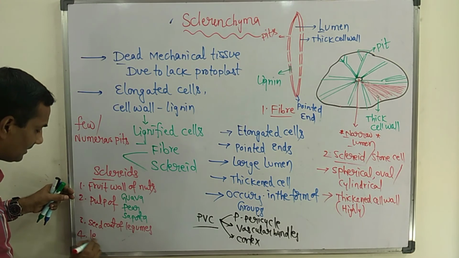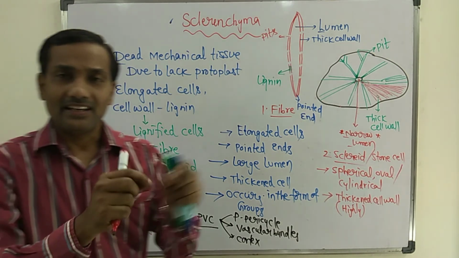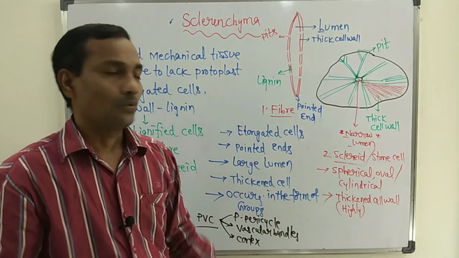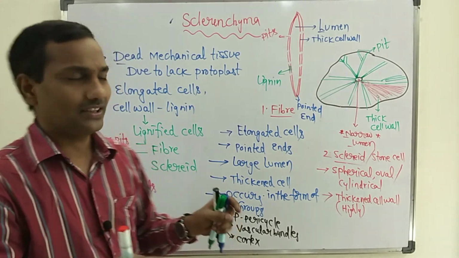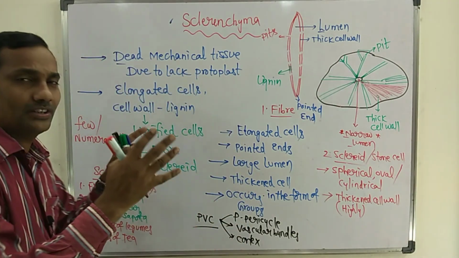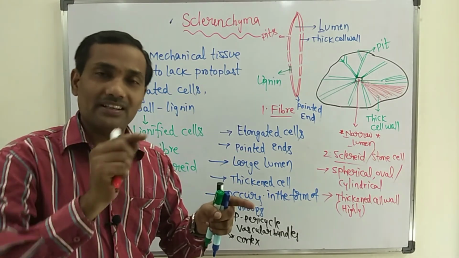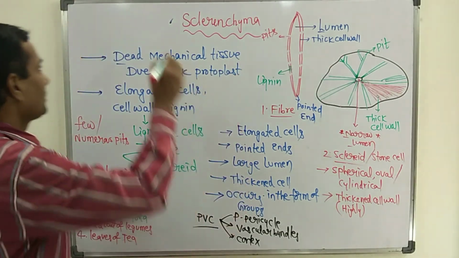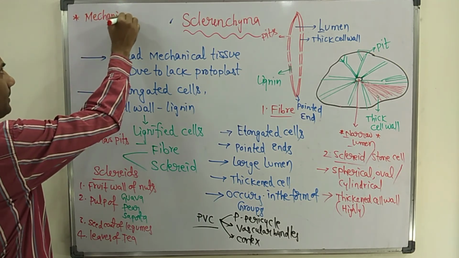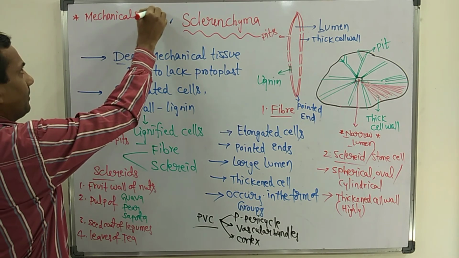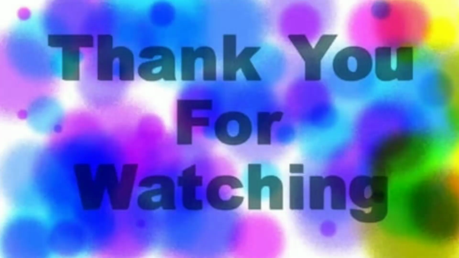As well as the leaves of tea. Tea leaves also consist of a large number of sclerids. Most importantly, this sclerenchyma tissue is completely dead. It is a type of simple tissue, and it gives mechanical support to various organs of the plant body. The main function of sclerenchyma is mechanical support.